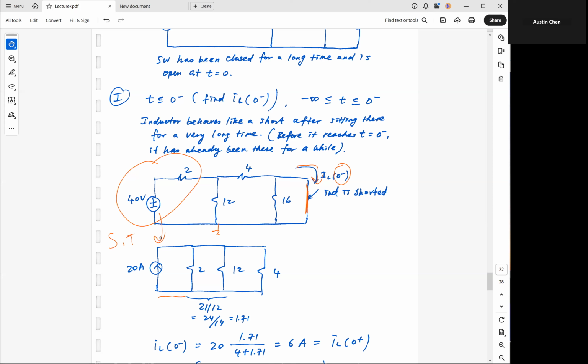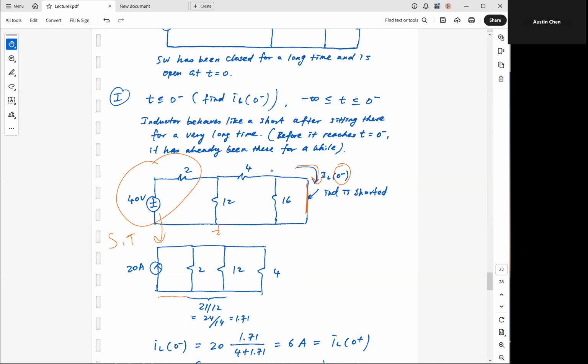So I have 12 ohm, 4 ohm here, and if we revisit this current again, remember this current IL at 0 minus is flowing through this short, and this is the current that we need to find. But correspondingly, this current is also flowing through this 4 ohm resistor.